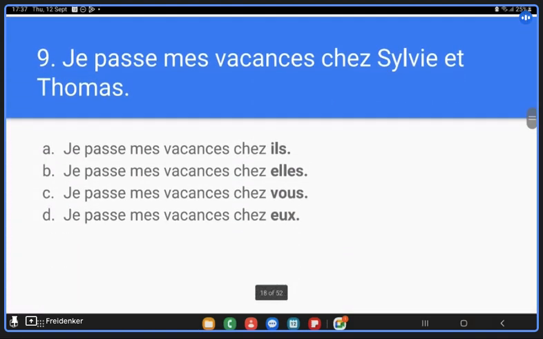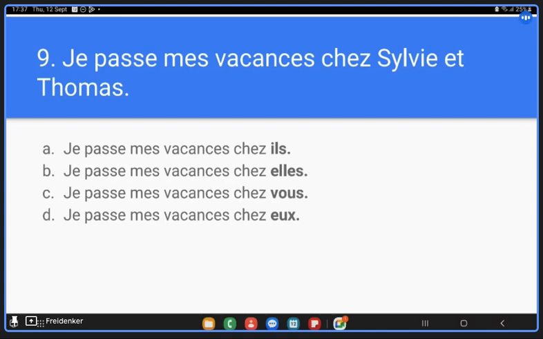Ninth question. Je passe mes vacances chez Sylvie et Thomas. I spend my vacations at the place of Sylvie and Thomas. Chez is a preposition, at the place of. Sylvie is a female, Thomas is a male. A group of them will be referred to by using ILS.